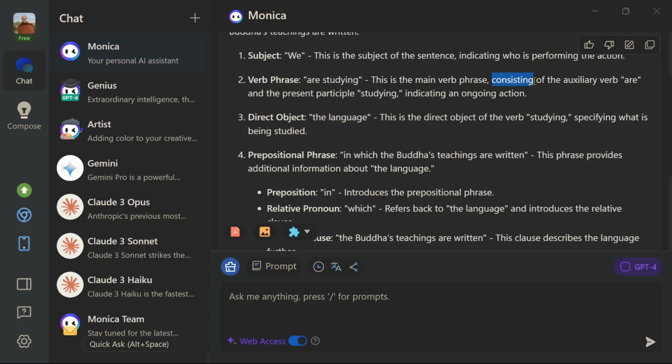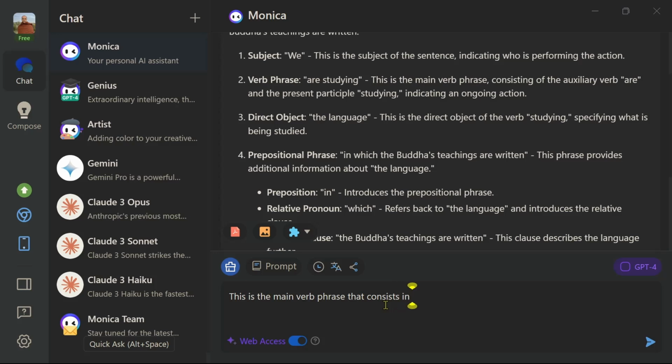Then consisting, you could say that consists. A more beginner speaker of English would say that consists. You can solve this problem by using that. So this is the main verb phrase that consists.